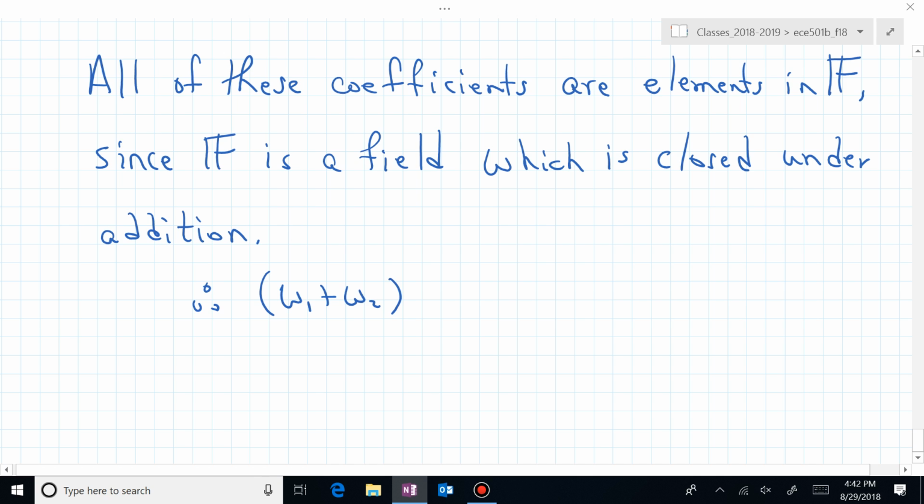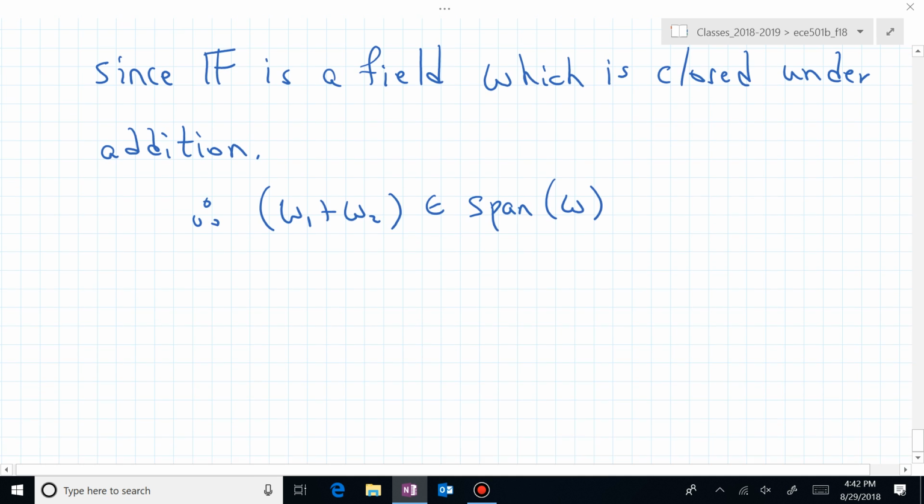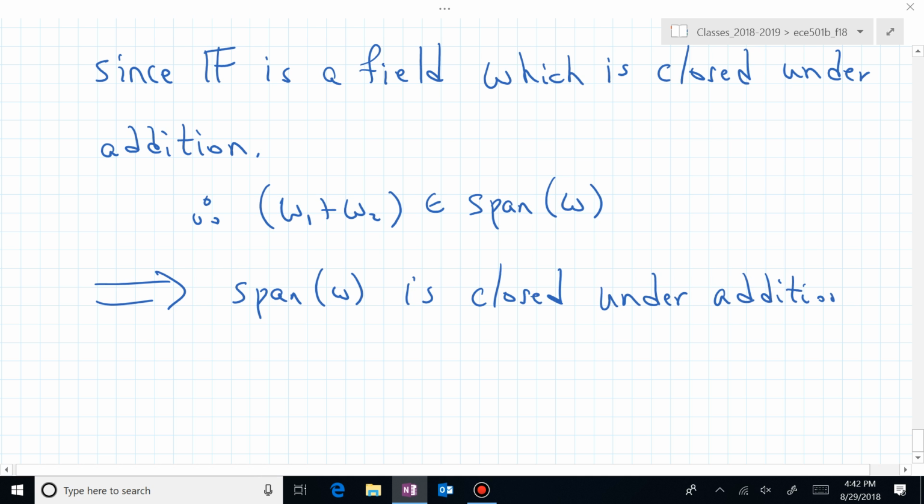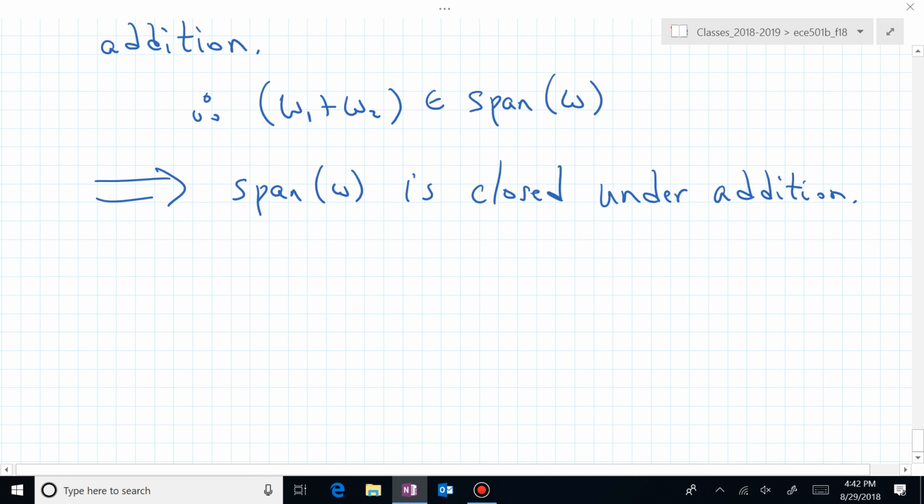Therefore, W1 plus W2, we've just shown, is a linear combination of the V's, or is an element in the span of W. So the span of W, that subset, is closed under addition. And I think you can anticipate what I'm going to do next. Do something similar with scalar multiplication.